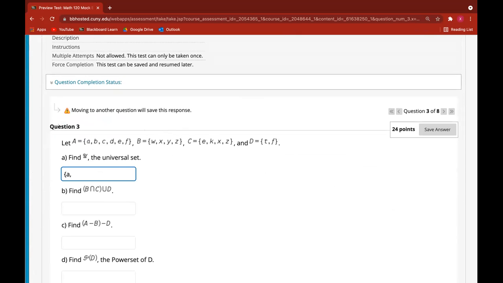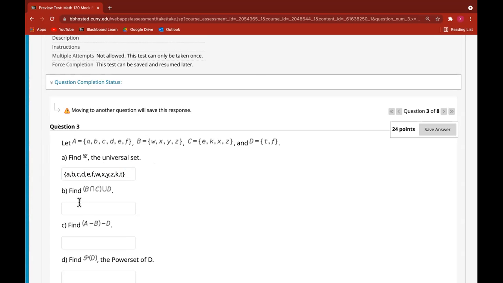So you have A, B, C, D, E, F. Then you have W, X, Y, Z. E we already have. We need to include K. X we already have. Z we already have. And then we need to have T, and F we already have. So this will be your universal set. You just take all the elements, you union all the sets.